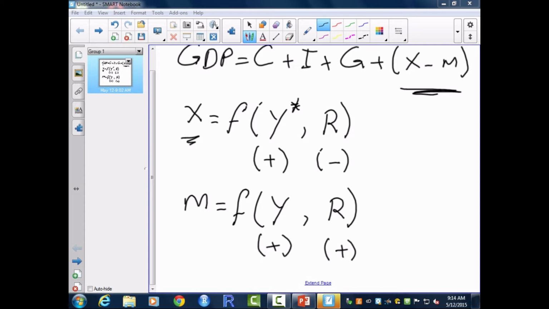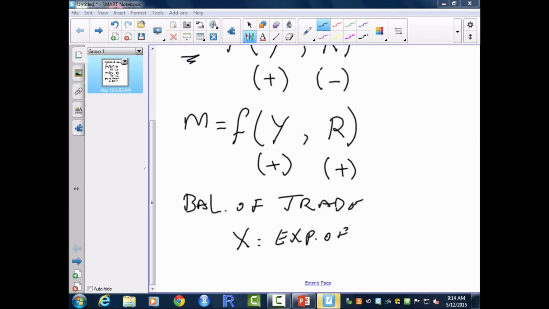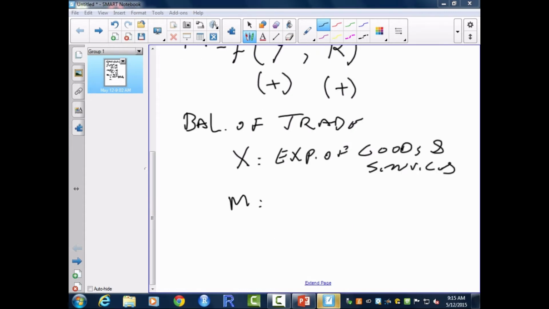Now, when you look at the balance of trade, that would be the relationship between X, export of goods and services, and M, which is import of goods and services.